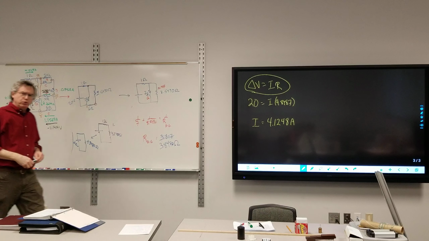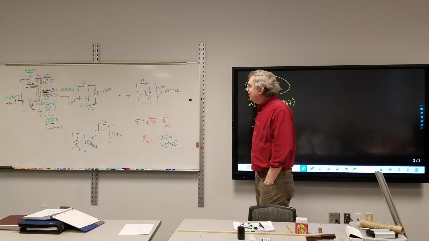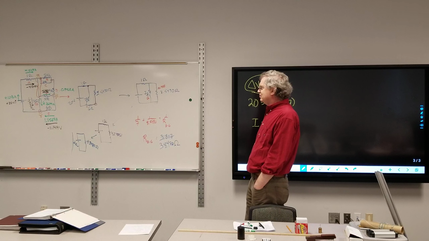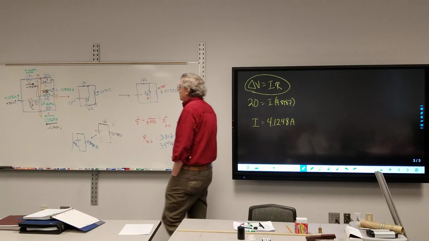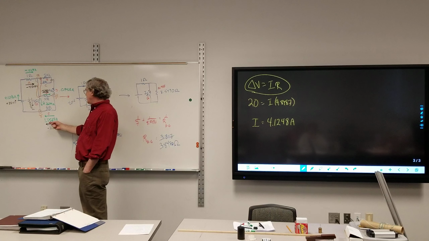So we just did a loop rule, so let's do a junction rule now. Which junction? We've already taken care of gamma, so we're down to alpha or beta. Beta. I know I have 1.8569 amperes flowing out.